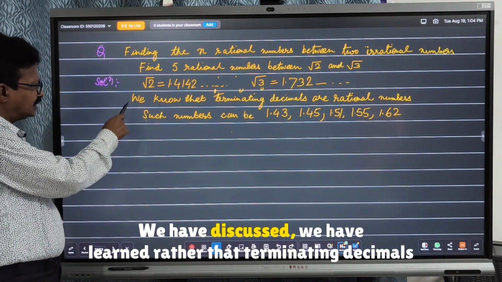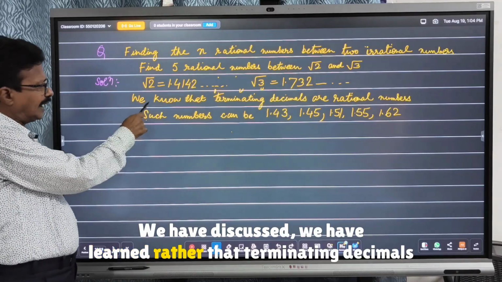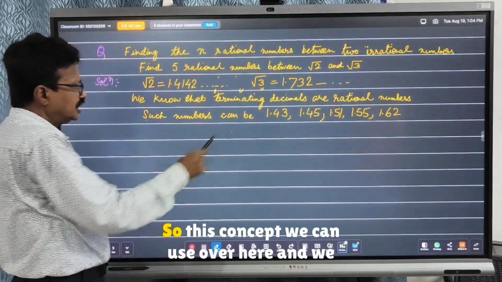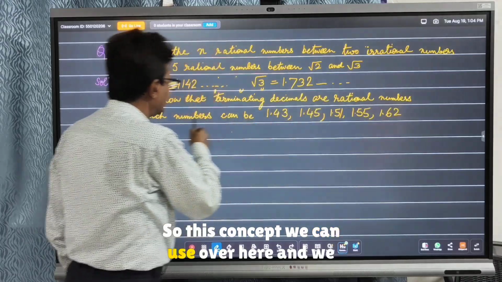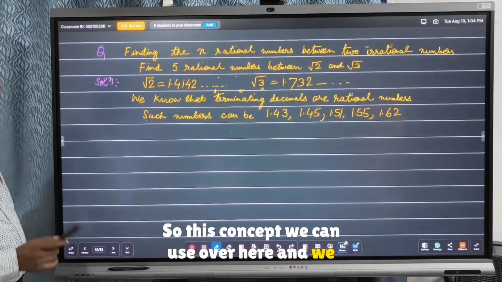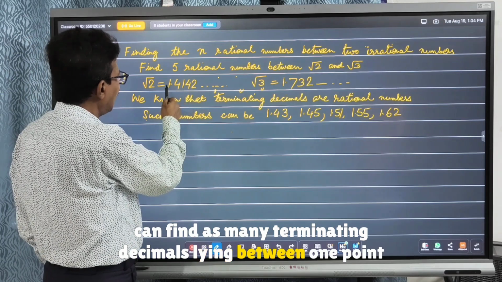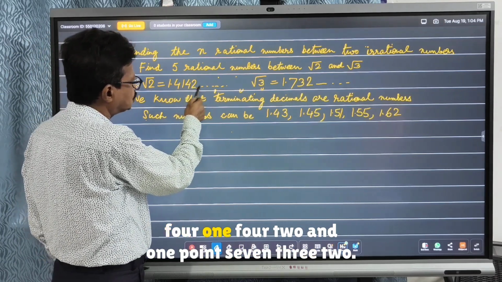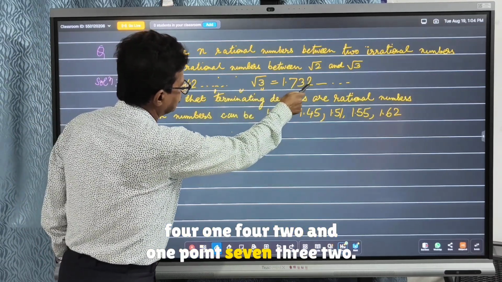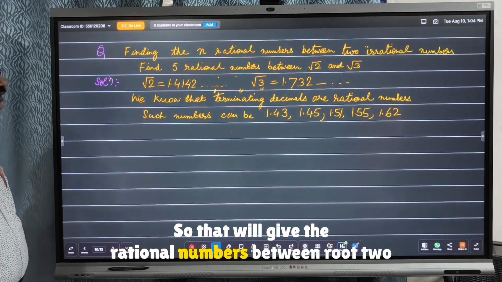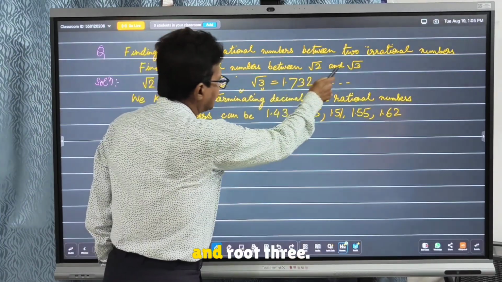We have learned that terminating decimals are rational numbers. So we can use this concept and find as many terminating decimals lying between 1.4142 and 1.732. That will give the rational numbers between root 2 and root 3.